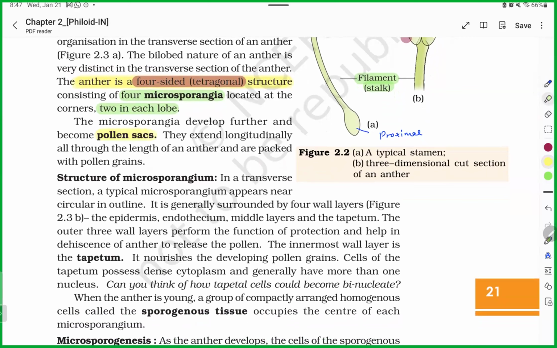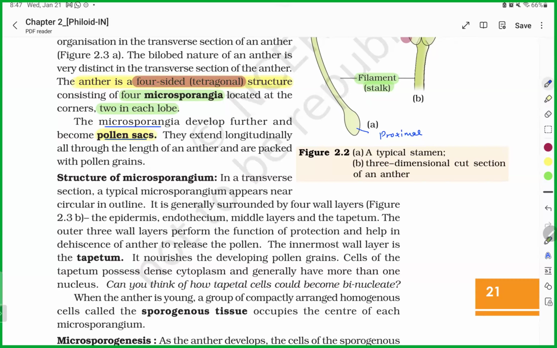So, Tuhina, what is the difference between the microsporangia and pollen sac? Sir, the microsporangium is not developed and the pollen sac is the developed, mature form. Yes. So the difference between the microsporangia and pollen sac is maturity. Microsporangia is the younger version of the pollen sac.